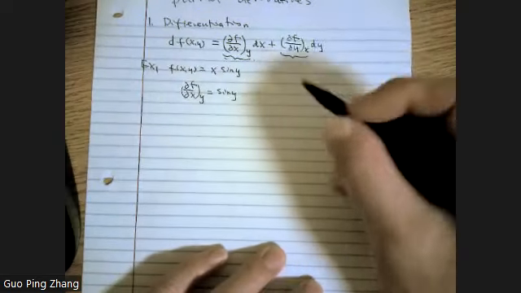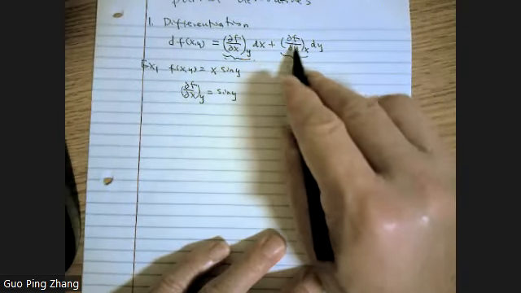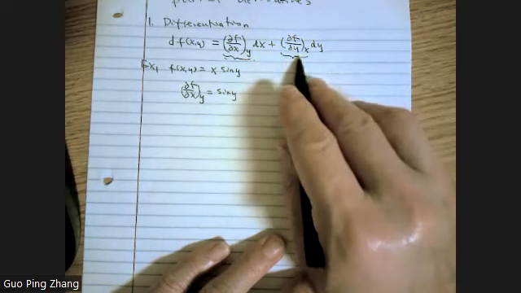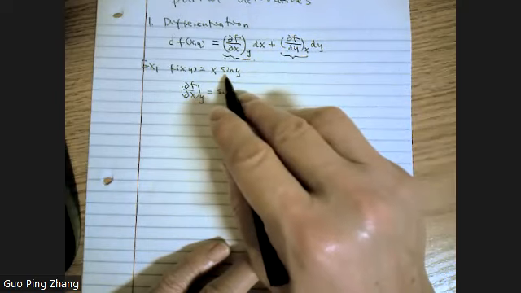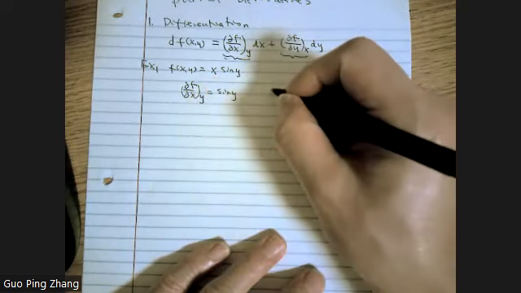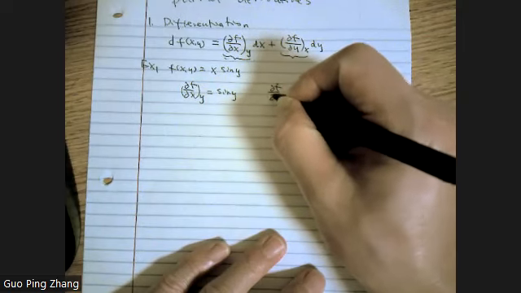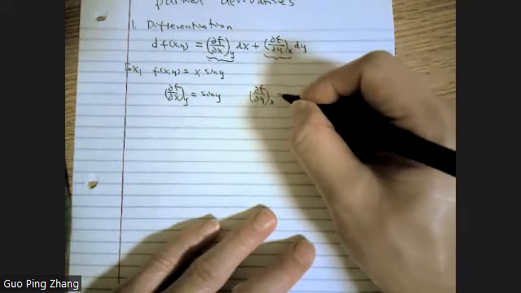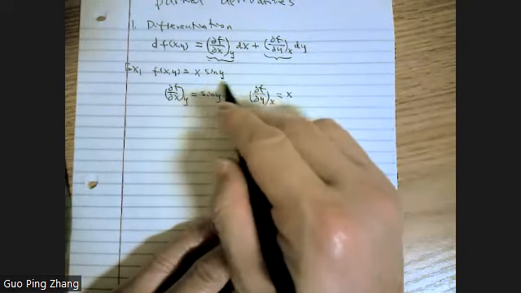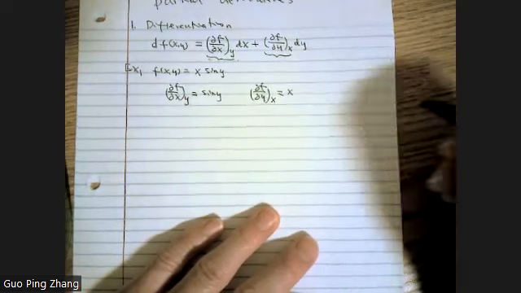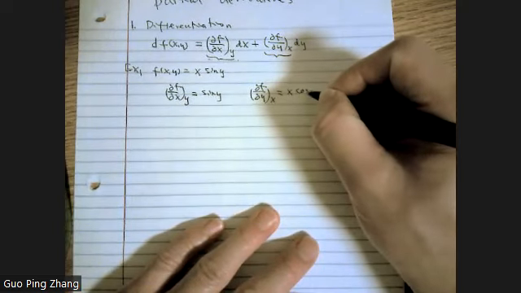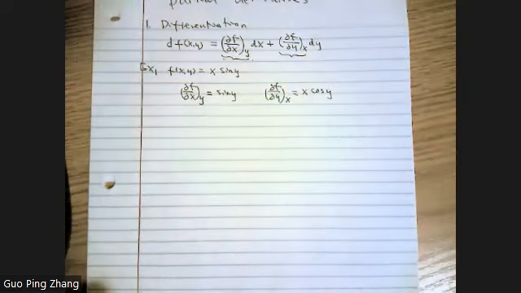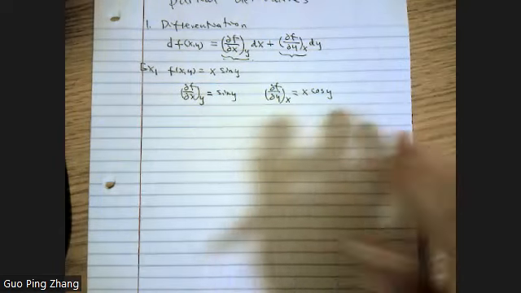Similarly, for this term, partial f over partial y, we hold x constant, so x times the derivative of sine y, which is just cosine y. So that's the partial derivative.